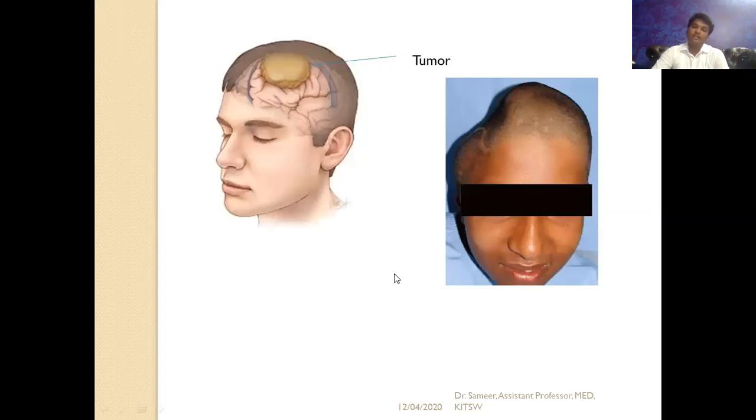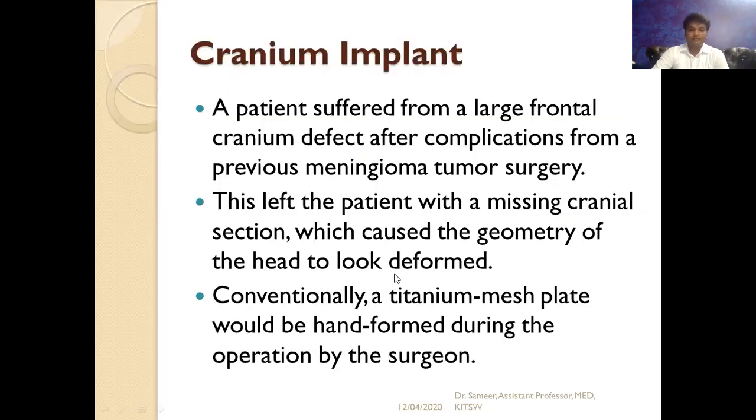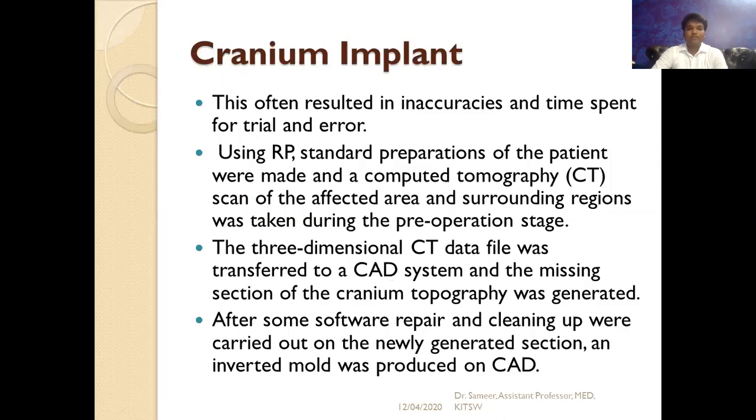This often resulted in inaccuracies and time spent on trial and error. As the surgeon was using the titanium mesh in the operation theater, it resulted in inaccuracy and consumption of time, because that was completely based upon the trial and error method.